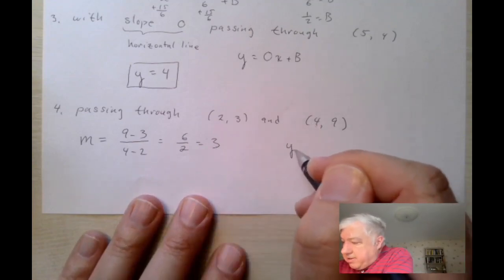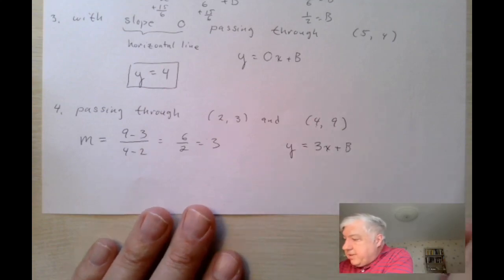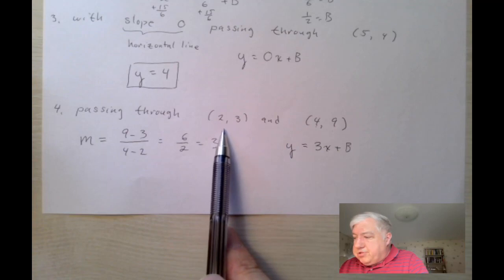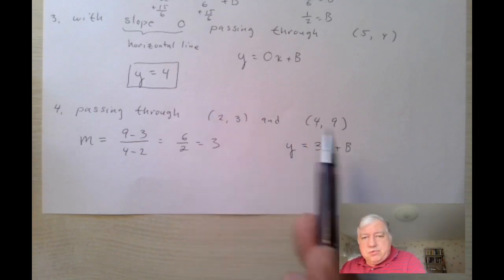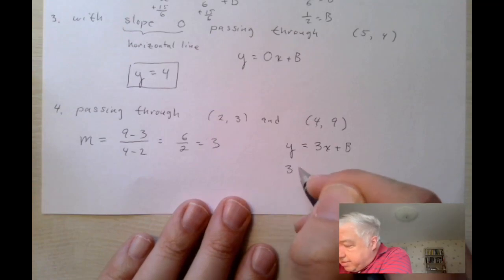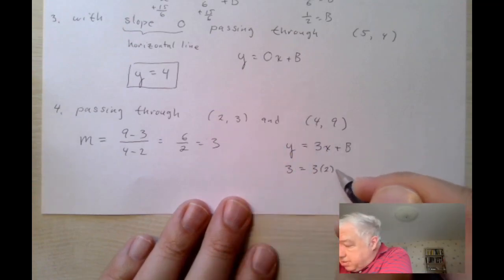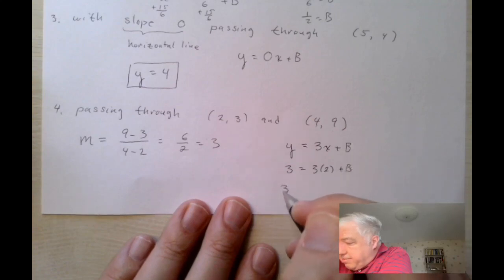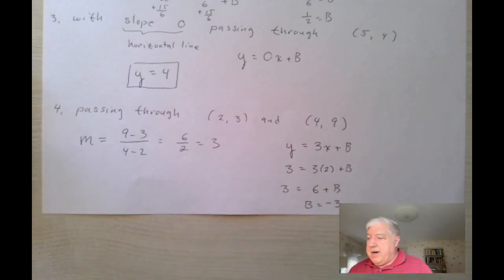So our line in question is going to be in the form of y equals 3x plus b. And now we have the luxury of choosing either of these 2 points to plug in. I'll choose this one. So we'll let y equal 3 and x be 2. So we get 3 is 6 plus b, and you can check that b is equal to minus 3 when you subtract 6 from both sides.